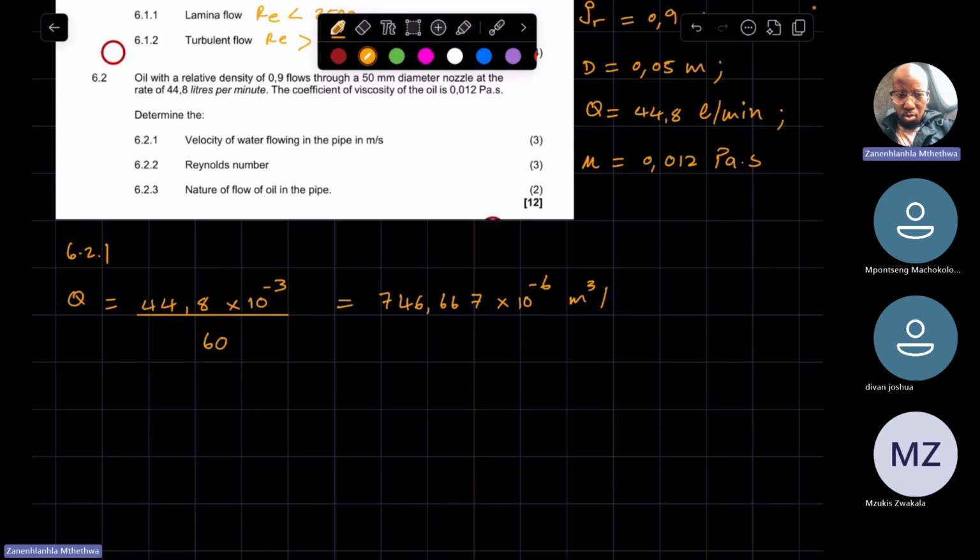Now this is in cubic meters per second. We take this approach for accuracy purposes. This is a very small number, so to be more accurate, we must make sure that there are more numbers after the decimal point.